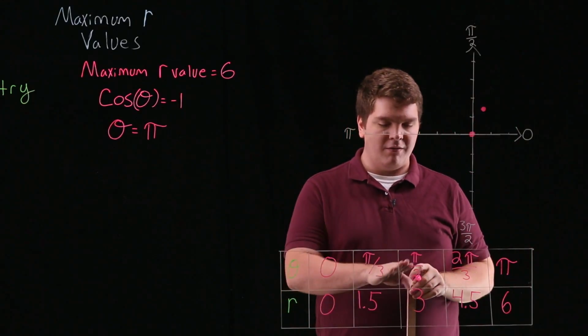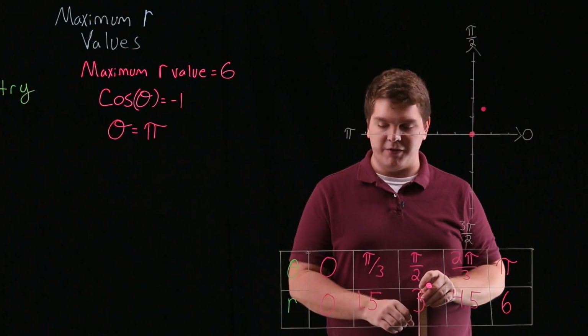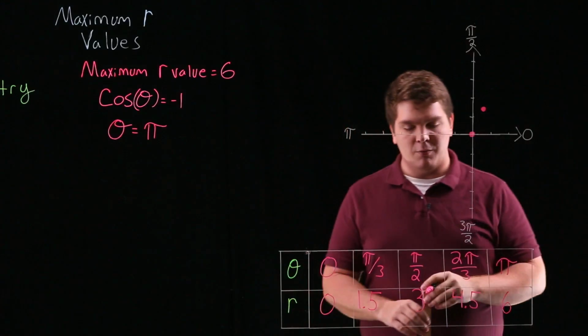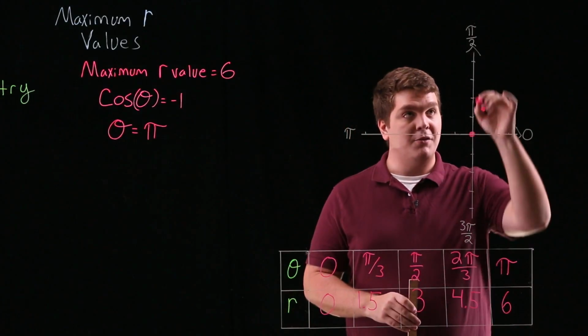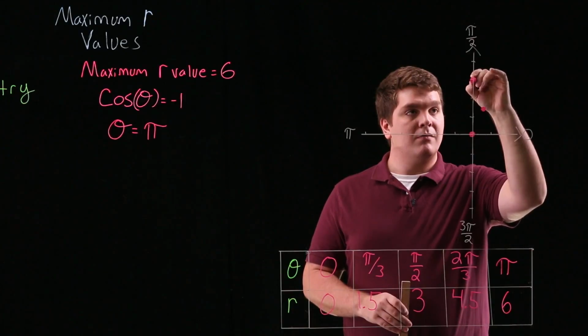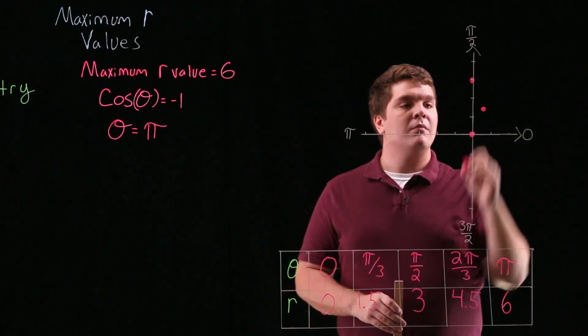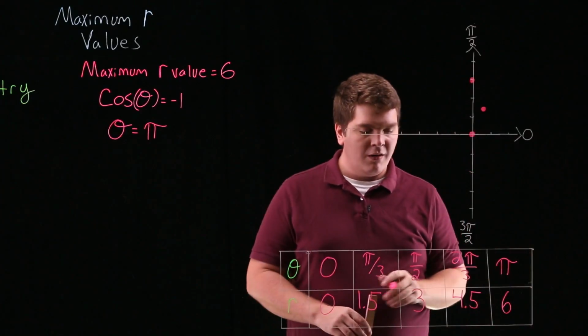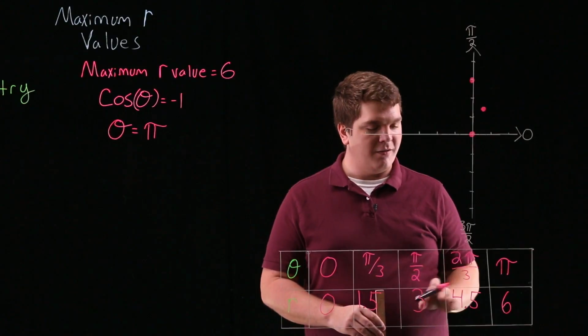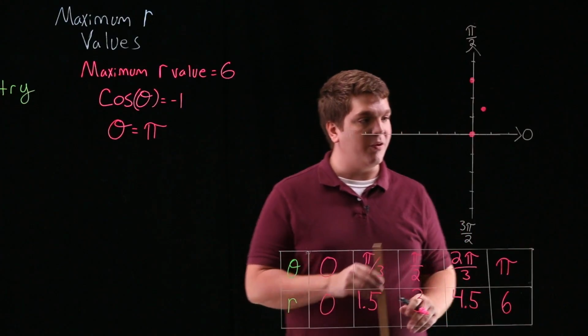Next, we'll look at a theta value of pi over 2, and we see that our r value is 3. So we'll be passing through the point pi over 2, 3. Next, we'll be at 2 pi divided by 3, and our r value is 4.5.